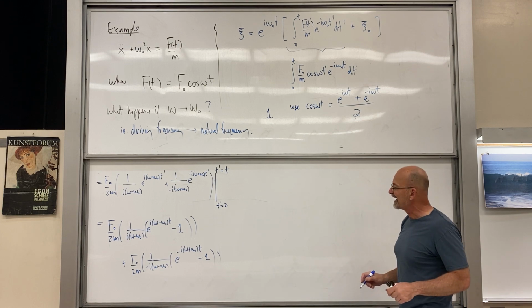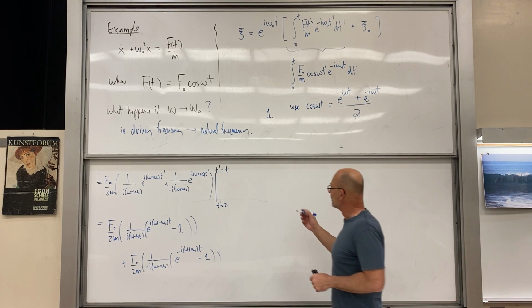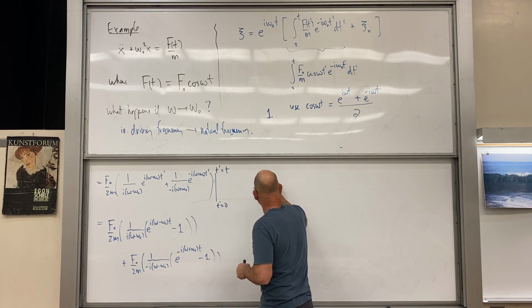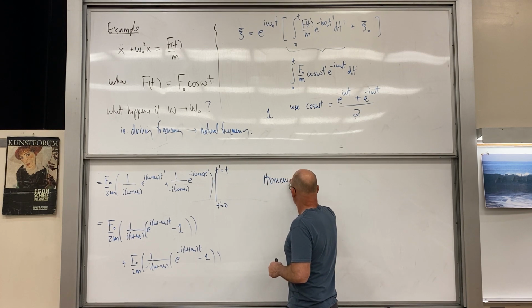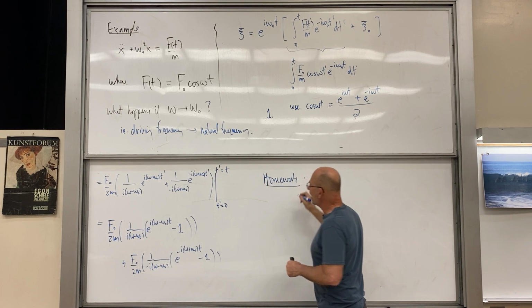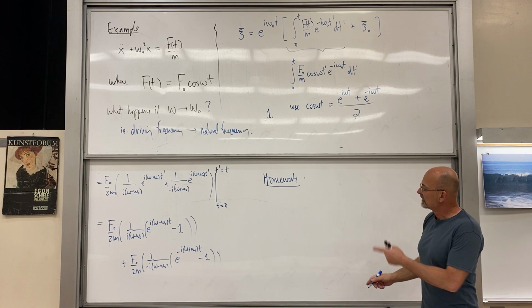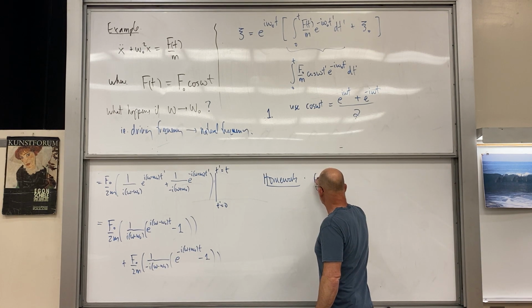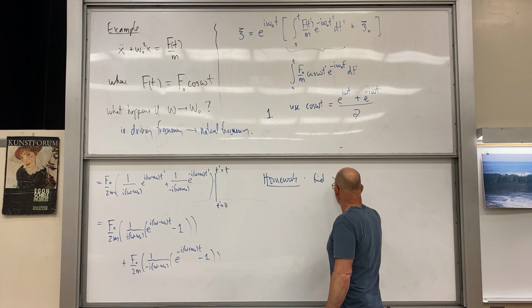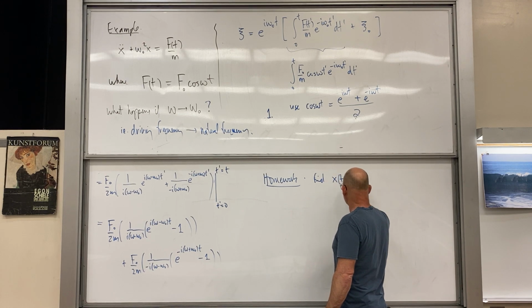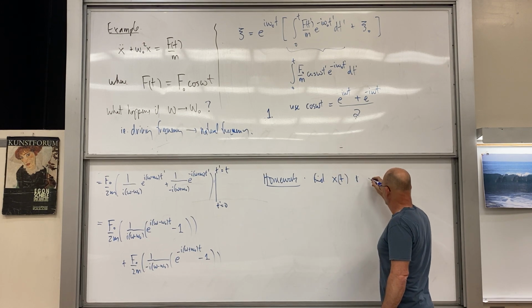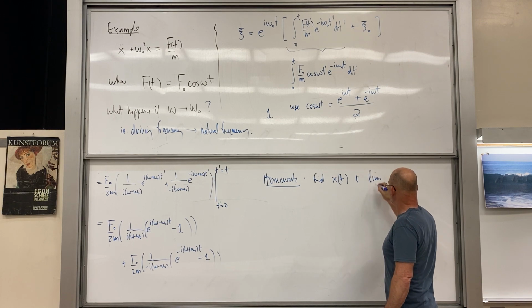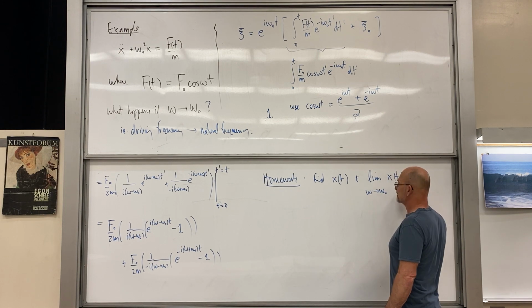Namely, we want to take that limit. So homework: go ahead and take it from the top, but there it is, and then complete the problem. So find x of t, and the limit as omega goes to omega naught of x of t.